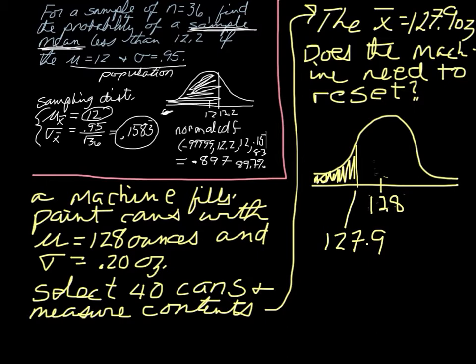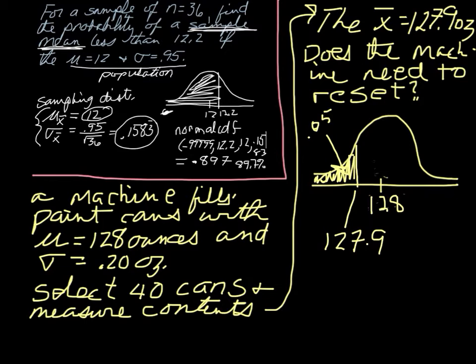And therefore, I would like to reset the machine. And so the question we want to ask ourselves is, how big of a probability would we like to allow? And usually we say, if it's 0.05 or less, then that's fine. But if it happens more than 5% of the time, there must be something wrong with the machine, and we're going to need to fix that in this case.